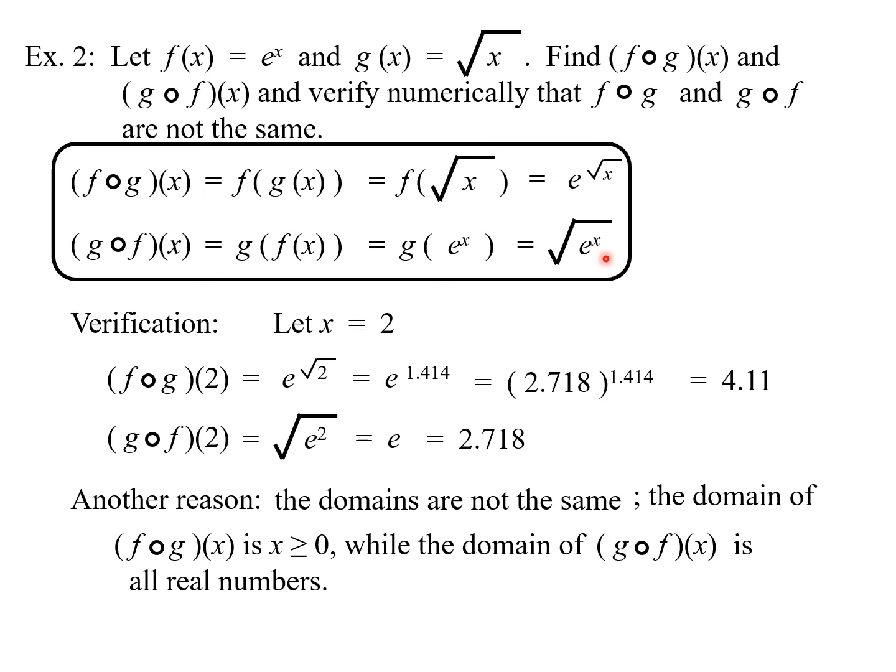If it's negative, that just means you have 1 over e to some power, which is still a positive number to some power, so you can take the square root of that. So the domain of g of f of x is all real numbers, while the domain of f of g of x is restricted. Okay, so that's another reason.